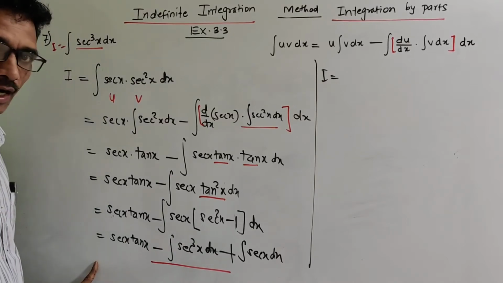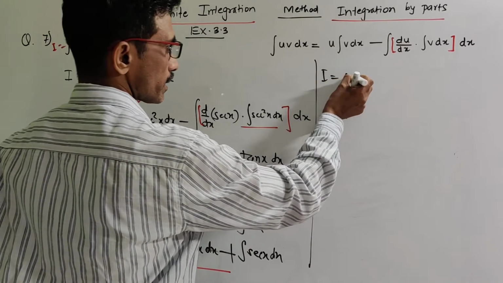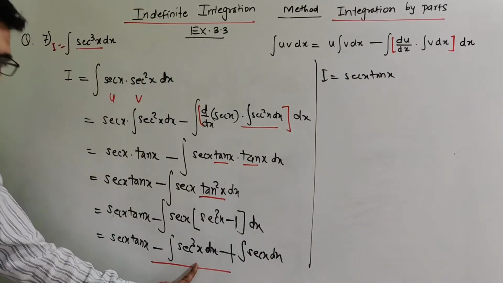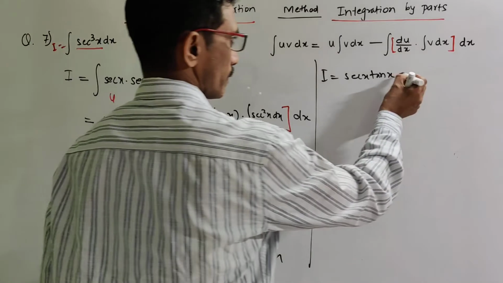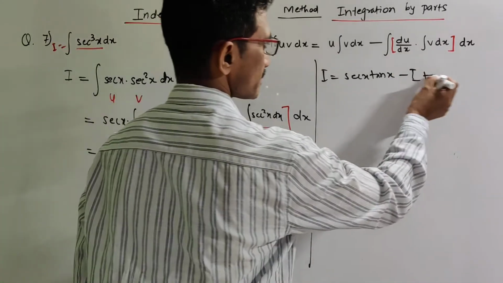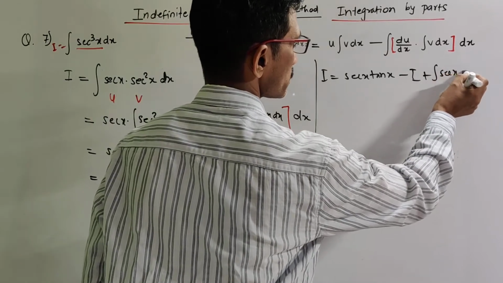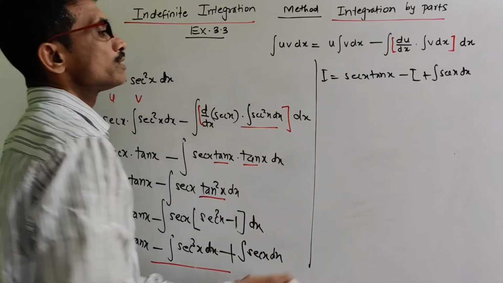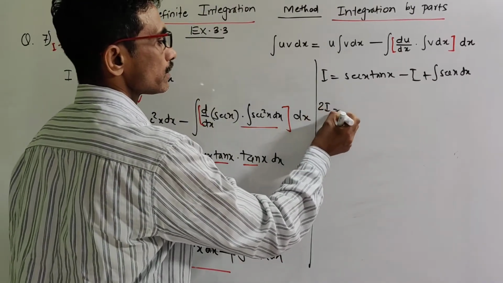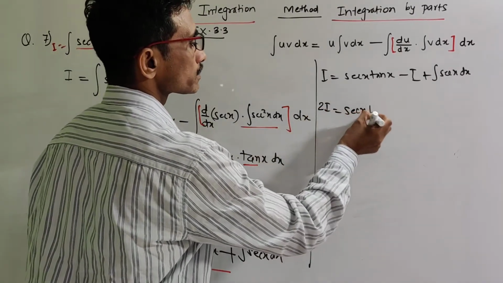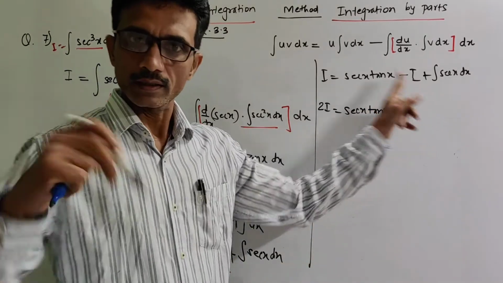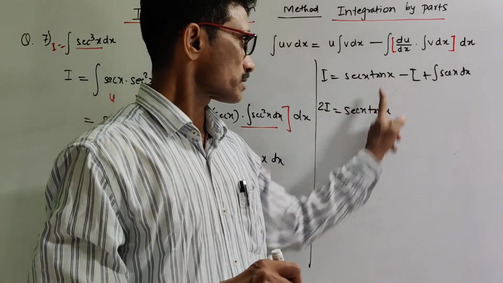So we have started with I, and that is equal to sec x into tan x minus, this is nothing but I, minus I plus integral of sec x dx. Now this I we take to the left hand side, so 2I is equal to sec x tan x and integral of sec x.